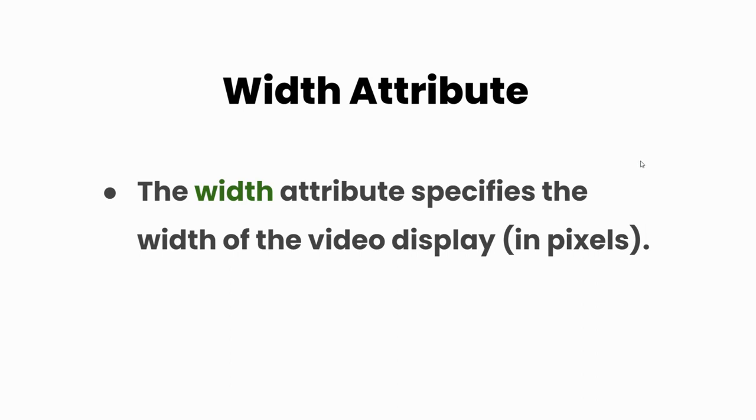The width attribute specifies the width of the video display also in pixels. Like I said before, the pixel is a unit of display. We won't really be focusing on that now because we've not entered CSS at all. But when we get there, you will understand more about pixels.